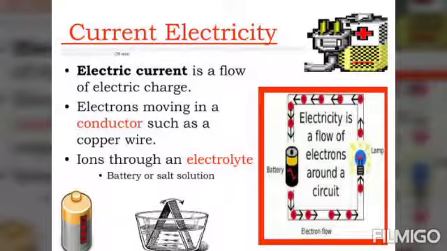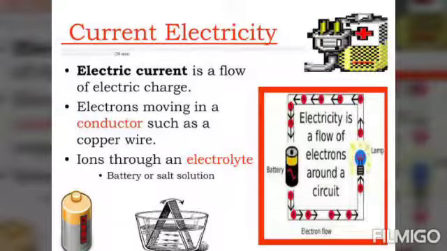Okay, we get current electricity when the electrons, that is, negatively charged particles, in an electrical conductor, a good conductor like copper, are made to flow.